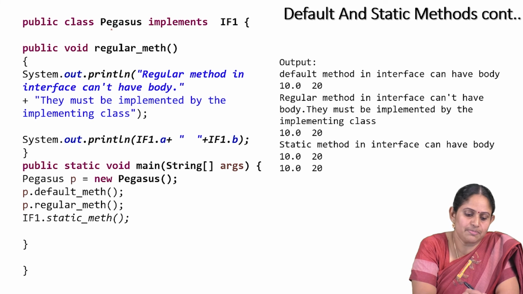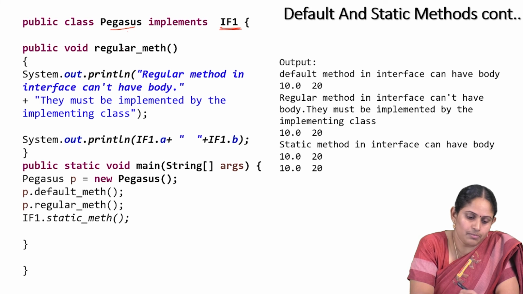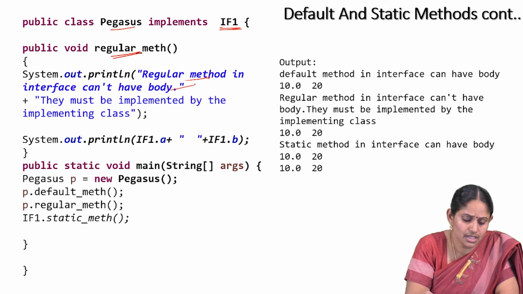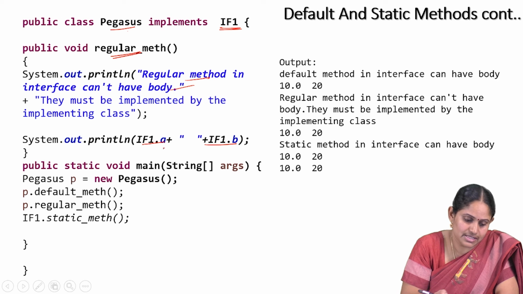So we have the class Pegasus which is implementing the interface IF1. Pegasus must give the body for the regular method of the interface. Here we are providing the body with some statements, and again it is trying to access the members of that interface.